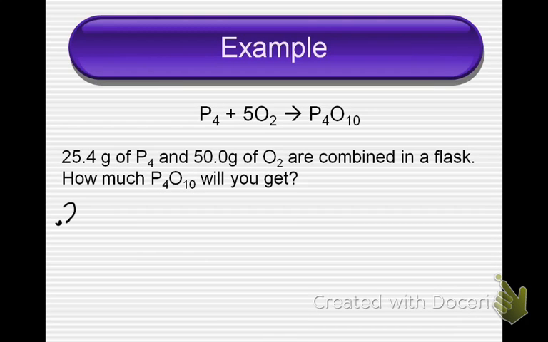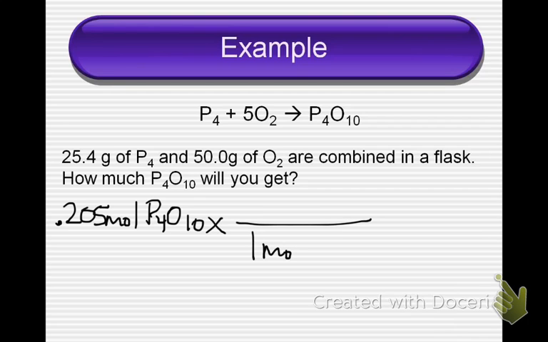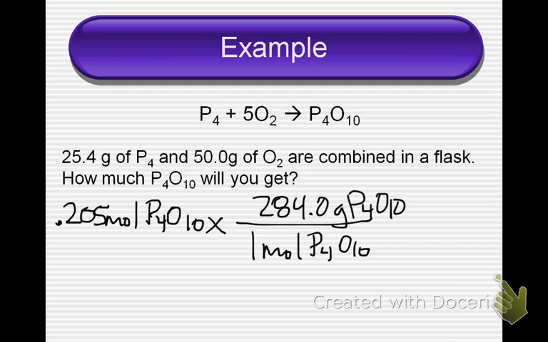So we're going to produce 0.205 moles of P4O10, and 1 mole of P4O10 is 284.0 grams of P4O10.